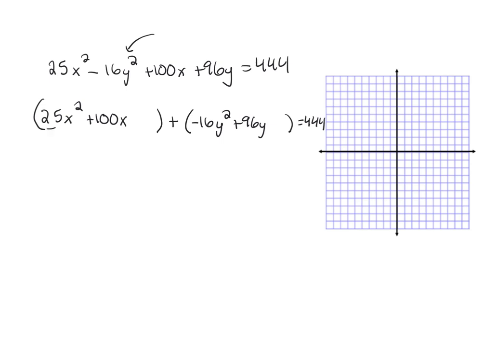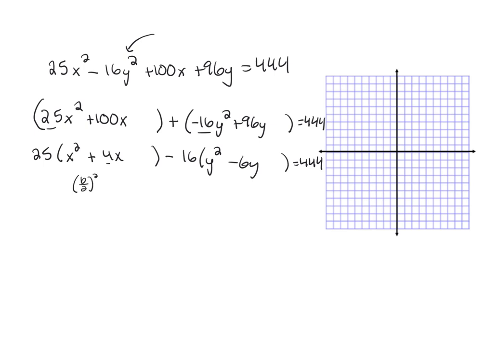All right, so leading coefficients need to be factored out. So 25 times (x squared plus 4x), still have my space. We'll take out the negative 16, so we have y squared, and then we have minus 6y. Now we can do our b divided by 2, squared step.